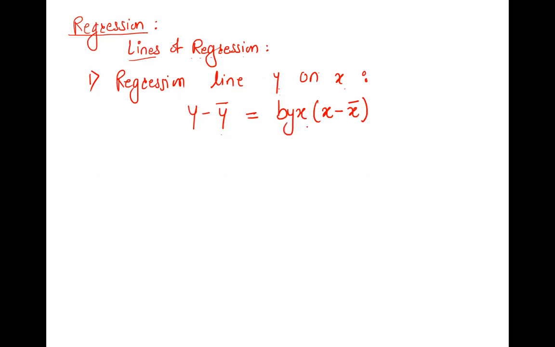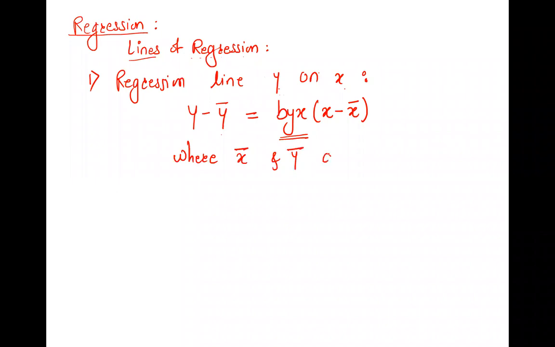I'll tell you everything, just remember the formula. So the regression line y on x is y minus y bar is equal to b_yx (this is a notation) into x minus x bar, where x bar and y bar, do you know this, where we denote bars?